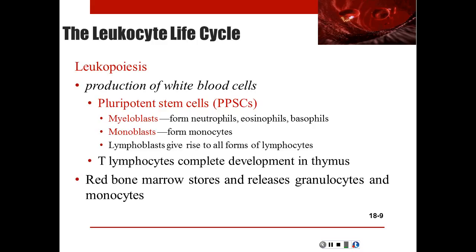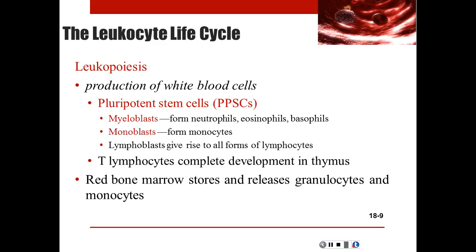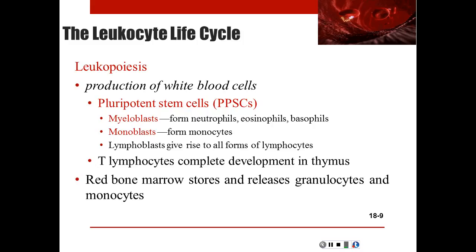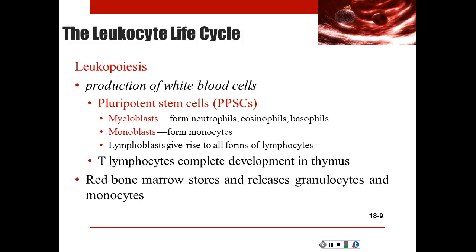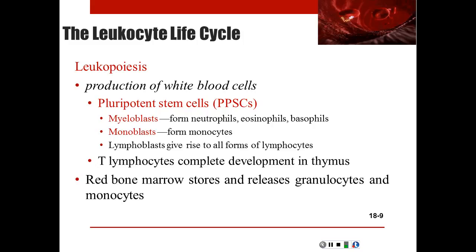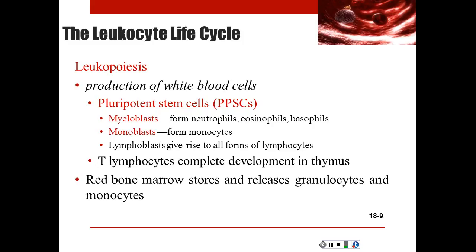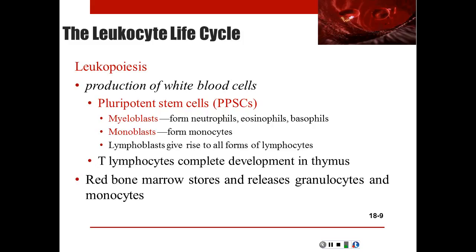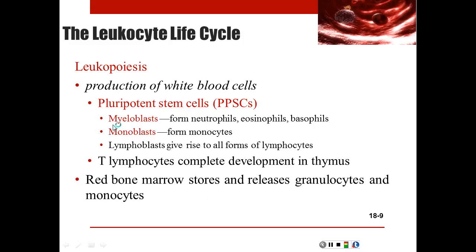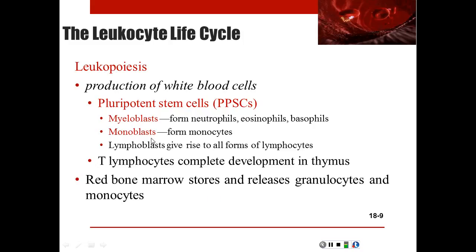Some HSCs, our hemopoietic stem cells, differentiate into distinct types of CFUs, which are colony forming units, and then go on to produce 3 cell lines, each of them now irreversibly committed. We have our myeloblasts, our monoblasts, and our lymphoblasts.